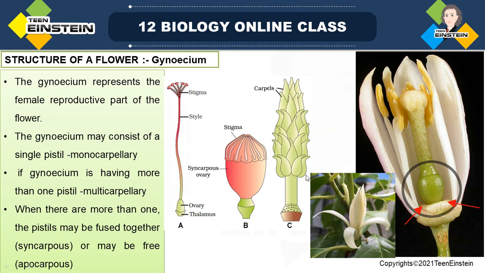Okay, that will be fused, that is called as syncarpous condition. And in some cases, the pistils may be free. It is called as apocarpous. Okay, sometimes it will be fused, called syncarpous. Here you can see syncarpous, and sometimes it will be free, that means apocarpous. Okay.